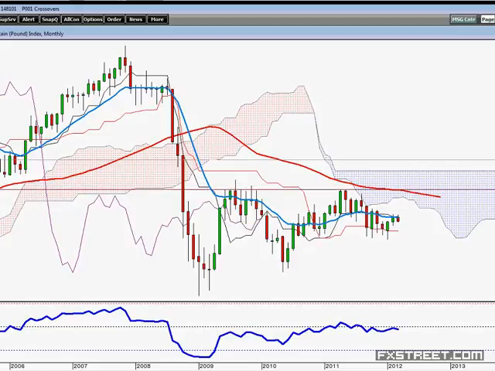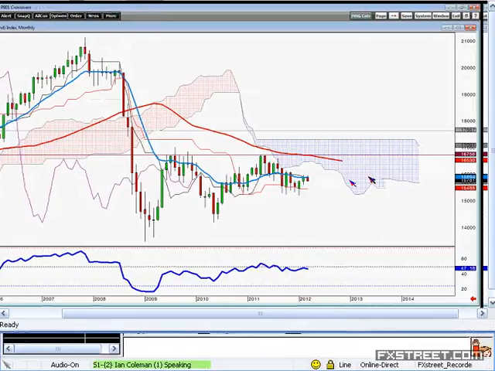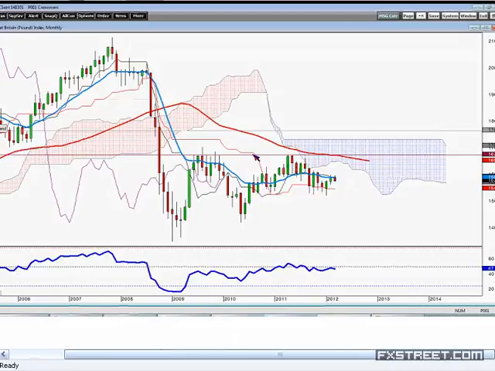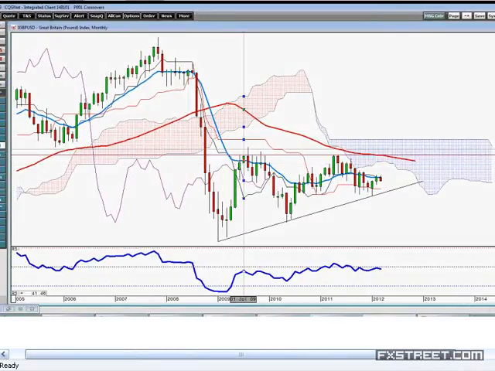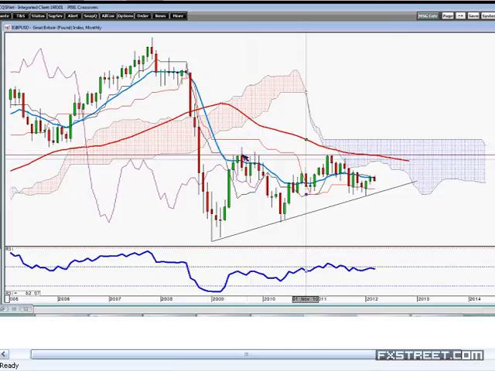I prefer to look at it, and it is all in the eye of the analyst, as an ascending triangle formation, and those spikes through are just showing that there's resistance around this area.